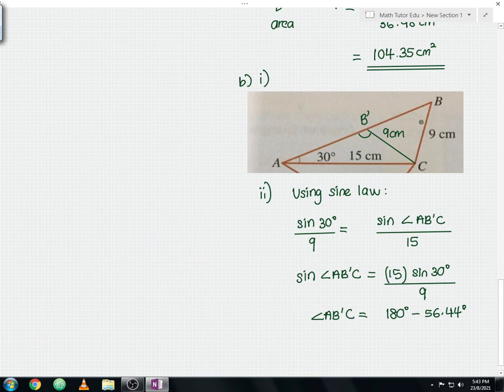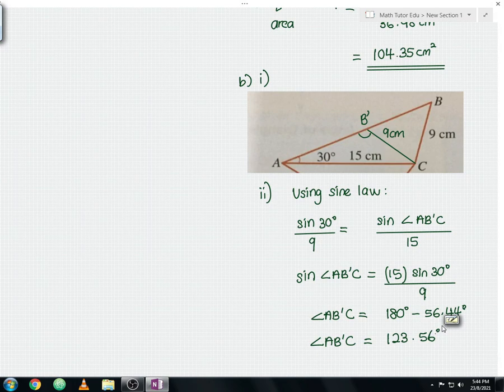There is a big difference over here. So you calculate this, and you get angle AB'C equals 123.56 degrees. So this is your final answer.